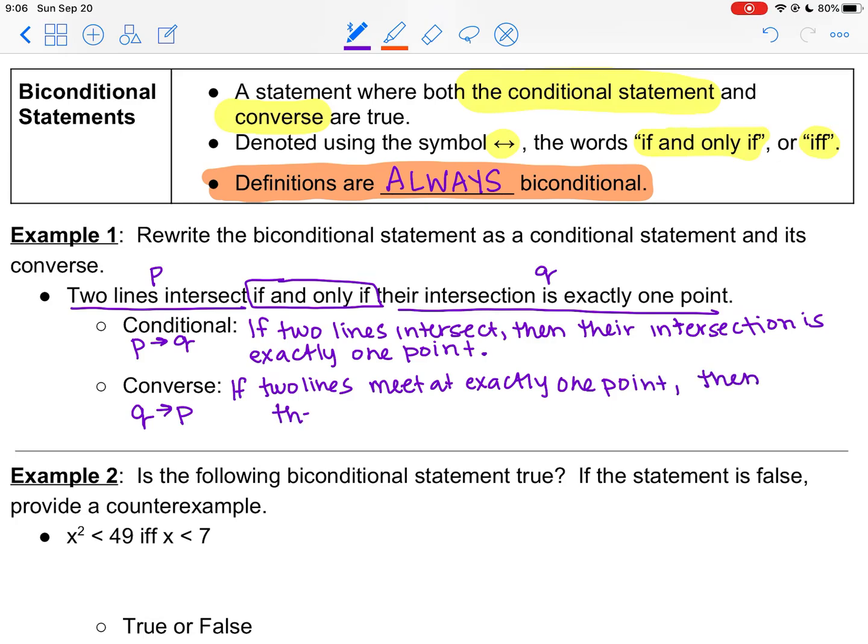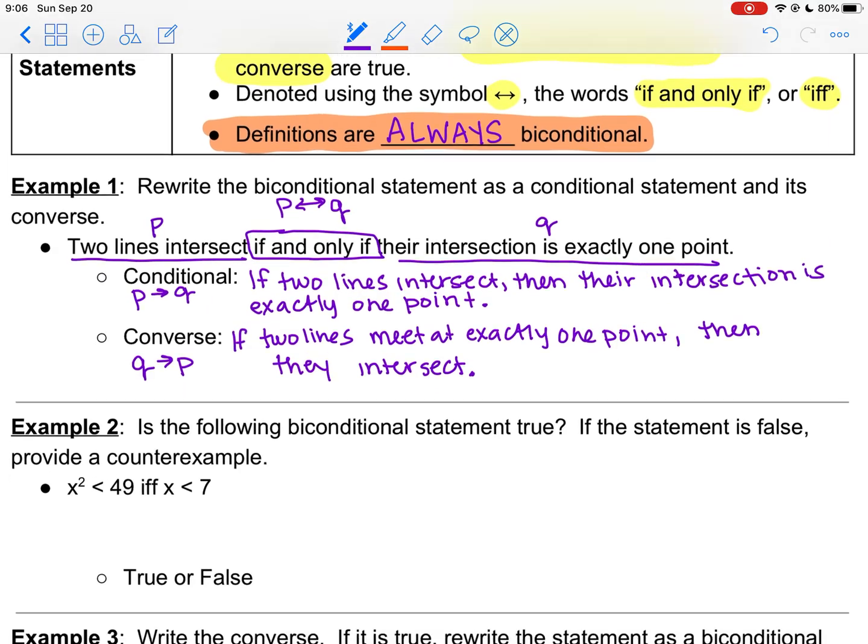So sometimes we do have to change the language a little bit to make a statement make sense in plain English. So that's how we can use that biconditional statement. So the original statement was biconditional, which means that it could use that new symbol with the double-sided arrow, and then we can break it down as a conditional statement and the converse.